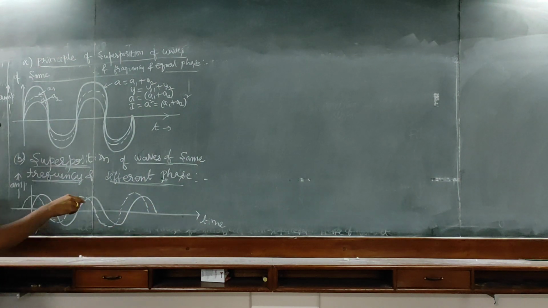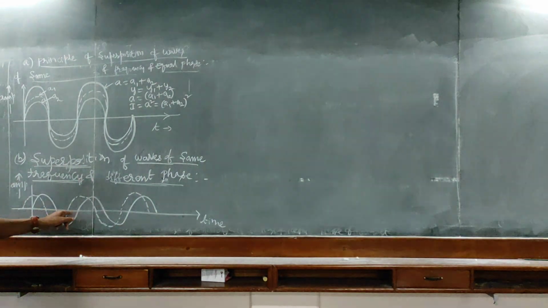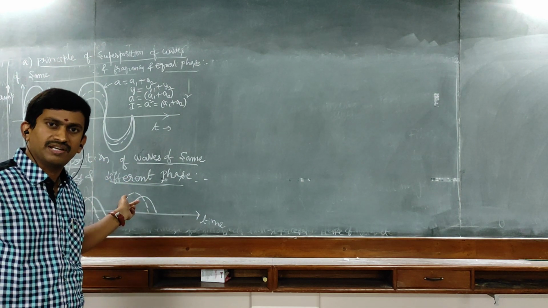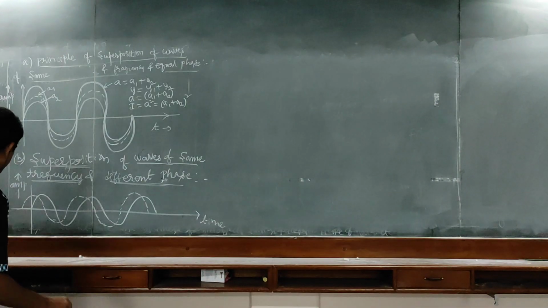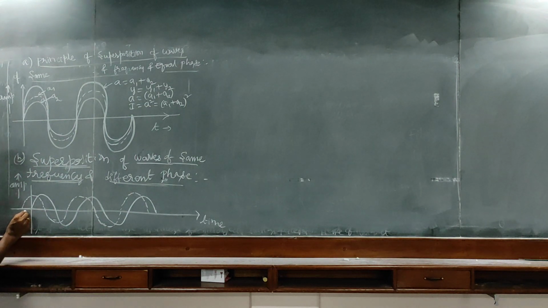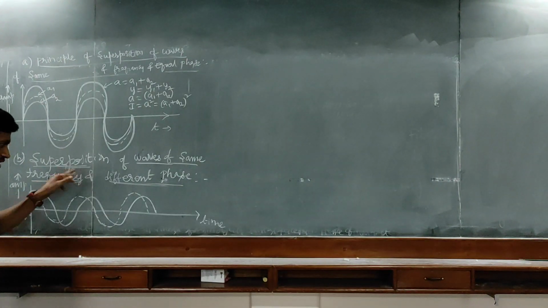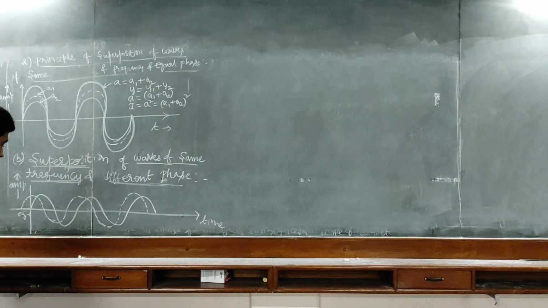Here, if you look at the diagram, you can easily understand that there is a phase difference between the first wave and the second wave. Let it be represented as small delta. Small delta is the phase angle difference between wave 1 and wave 2, which are superimposed over each other.